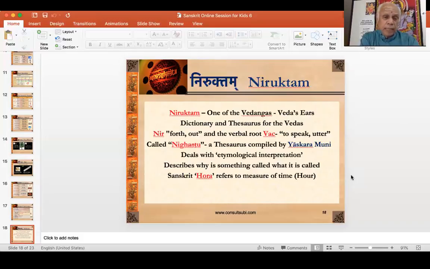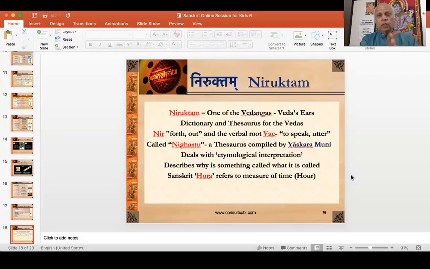Now, for example, Sanskrit hora refers to a measure of time. You see, in English you call it hour, right? Hour is also a measure of time. So in Panchangam you have what is called hora.